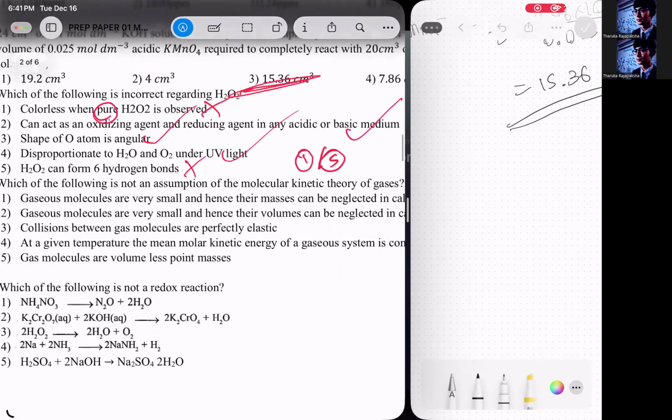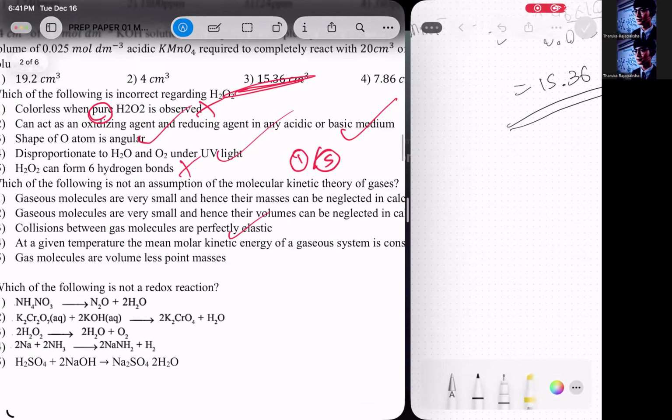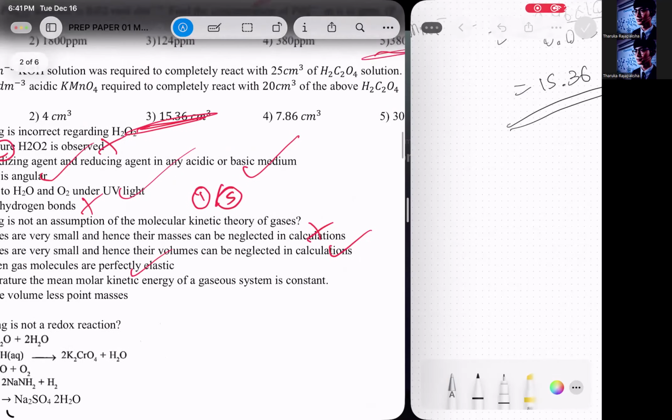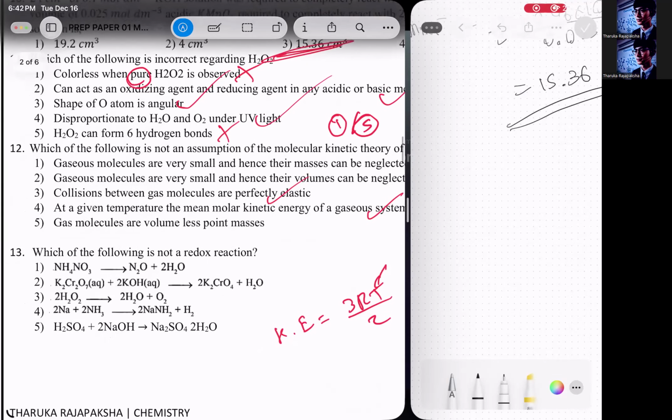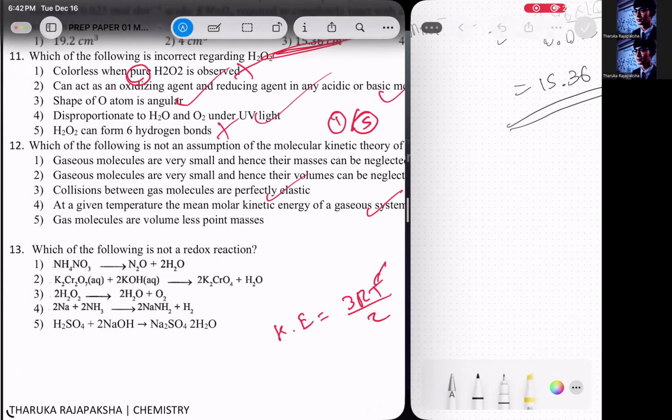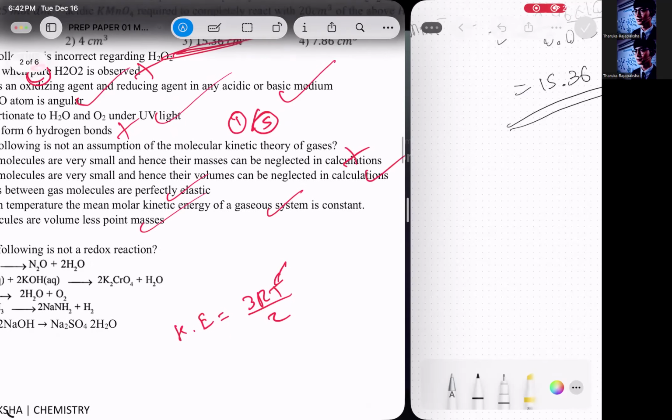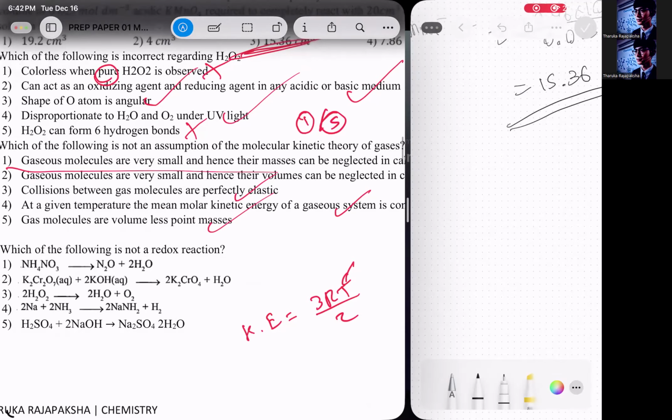That's correct. At a given temperature, the mean molar kinetic energy of gas is a constant. That's correct, because it depends only on the temperature. Kinetic energy is equal to 3RT over 2, so it only depends on the temperature. Fifth one, gas molecules are volumeless point masses. That's correct. That's the exact definition. So answer is answer number 1.